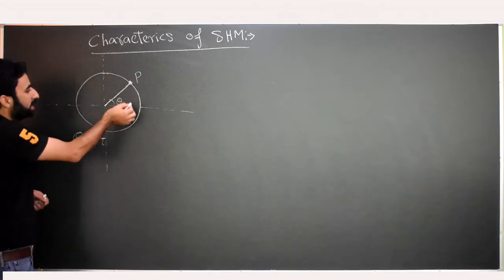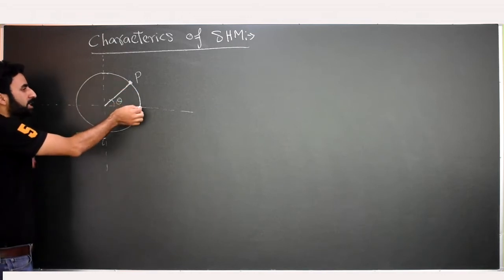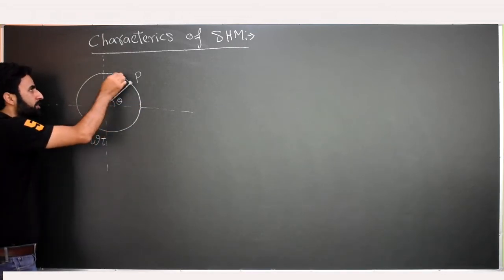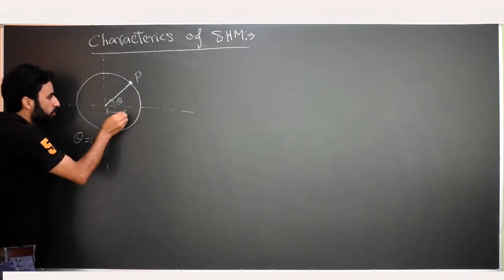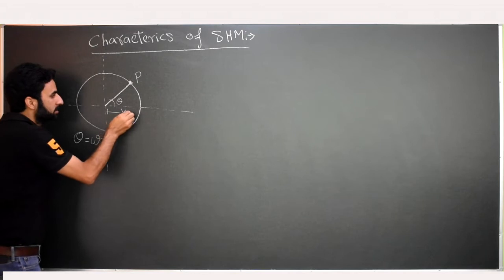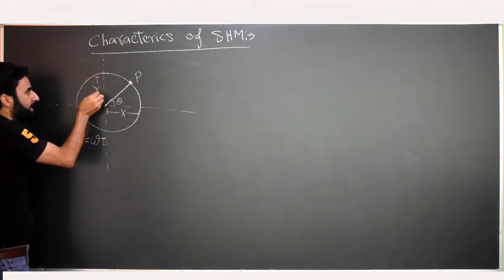The particle executing uniform circular motion moves from here to here to here. Let us suppose this coordinate is x, and let's call this y.